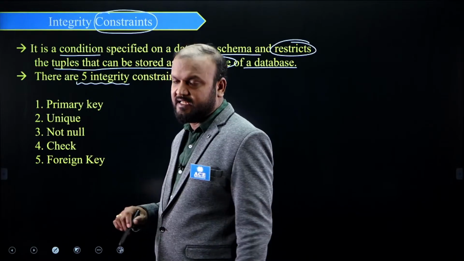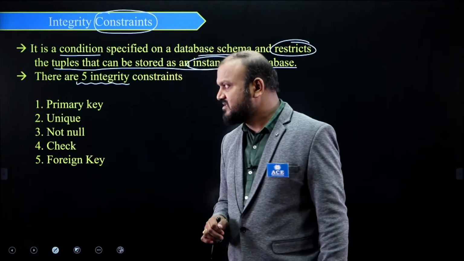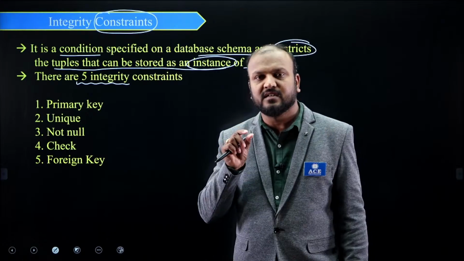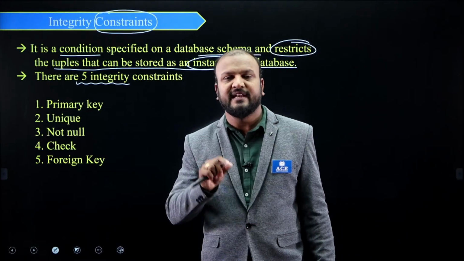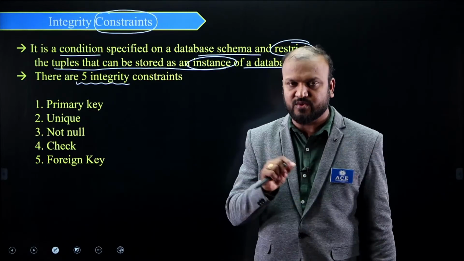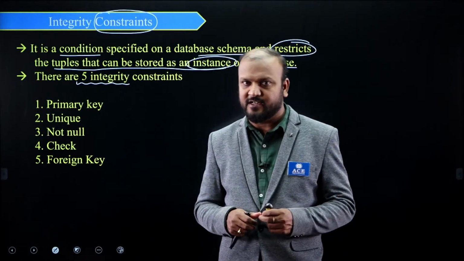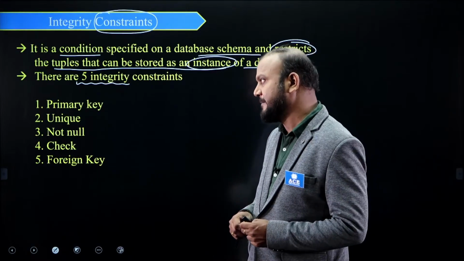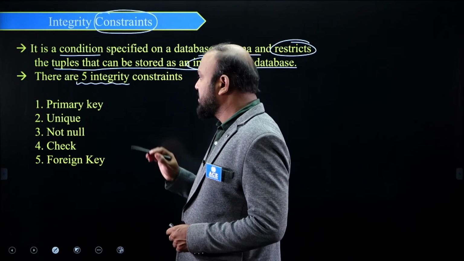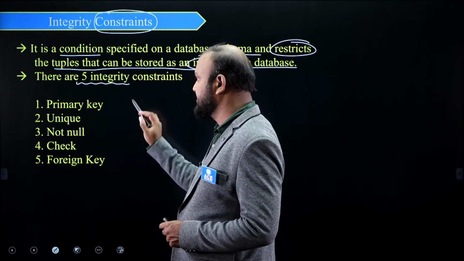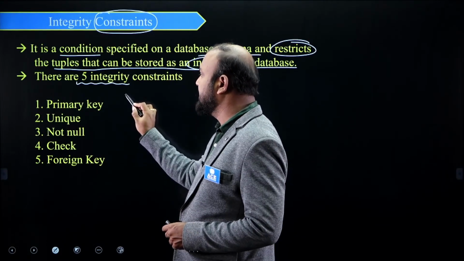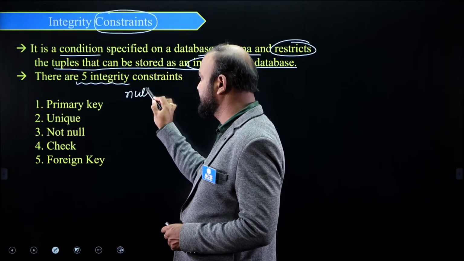The primary key: the name says it is the group of attributes that are primarily used to identify each tuple uniquely. That set of attributes used to identify each tuple uniquely is called the primary key. There are 2 things to be noted for each of these constraints. That is, does this primary key allow null values?